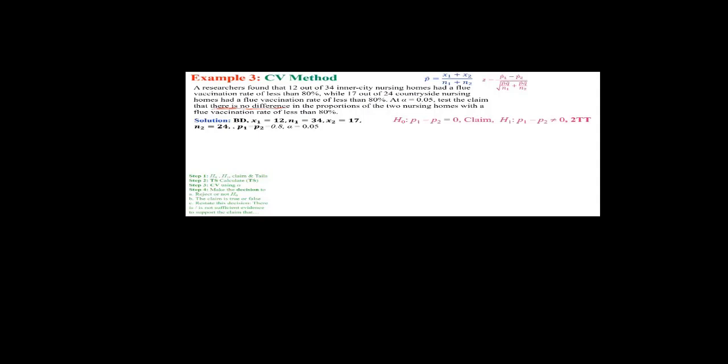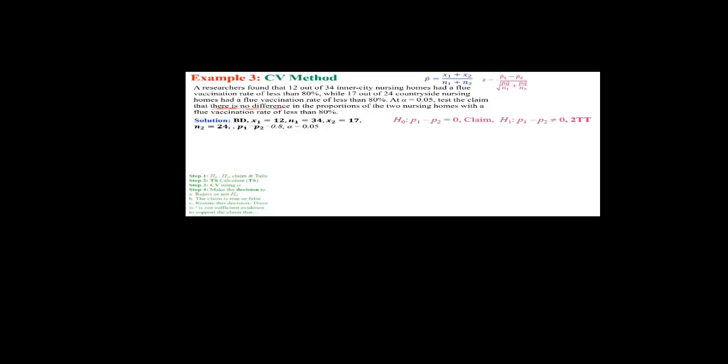We do a calculation. To calculate the test statistic, take a look at the top, Z. We have to calculate P bar, which means we need a couple of things. For the numerator of the test statistic, we need P1 hat and P2 hat, so X sub 1 over N sub 1, X sub 2 over N sub 2.